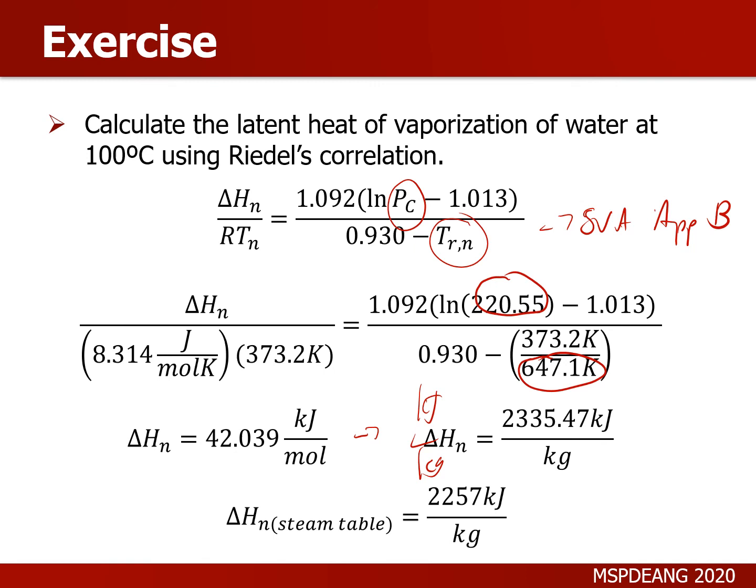So there is a slight discrepancy between the two, and this is expected since the Riedel correlation assumes somewhat ideal gas. Pero steam table does not assume ideal gas. So if you want a more accurate value for water, use the steam table. Madali lang gamitin yun. Pero pag hindi na water, baka limited na yung data natin and we have to resort to using this Riedel correlation in order to obtain the normal heat of vaporization for a particular substance.